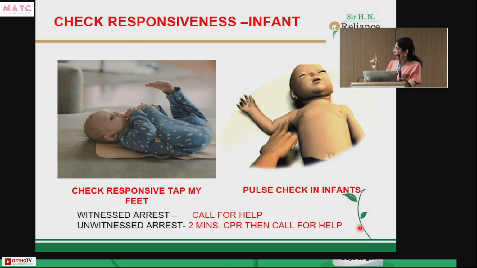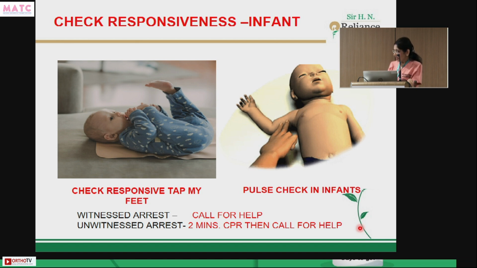When you are giving resuscitation to an adult, you tap on the shoulder to confirm the arrest, whereas in a child or an infant, you tap on the foot because that is the most sensitive part. So one difference between adult and infant CPR is that in the infant you tap on the sole of the foot and not on the shoulder.